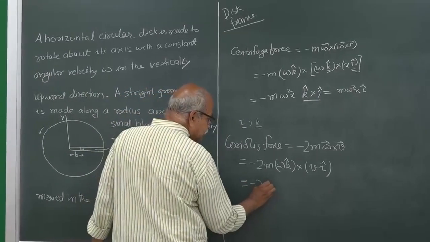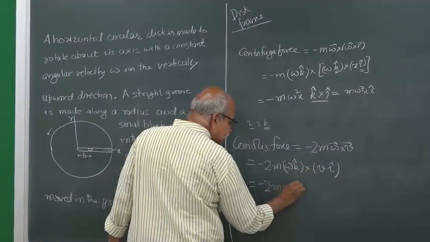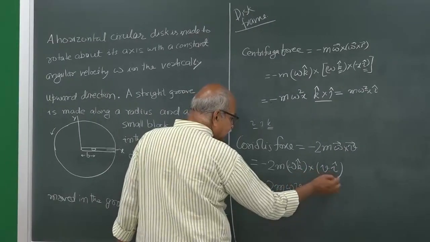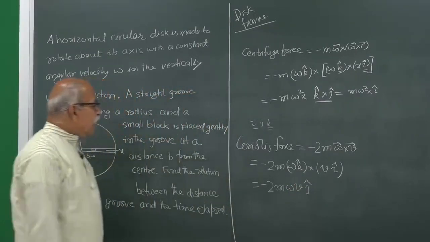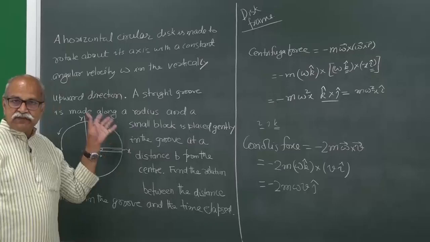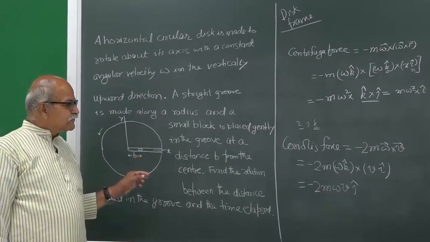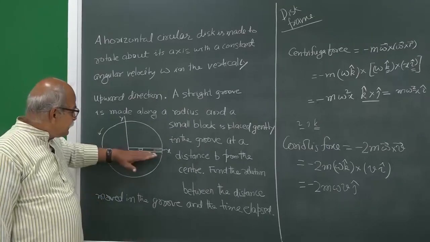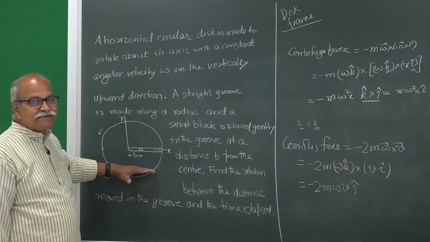So, it is minus 2 m omega v j cap. So, you have Coriolis force. The Coriolis force is not 0, and it is in the minus j cap direction. That means it is in the negative y direction.